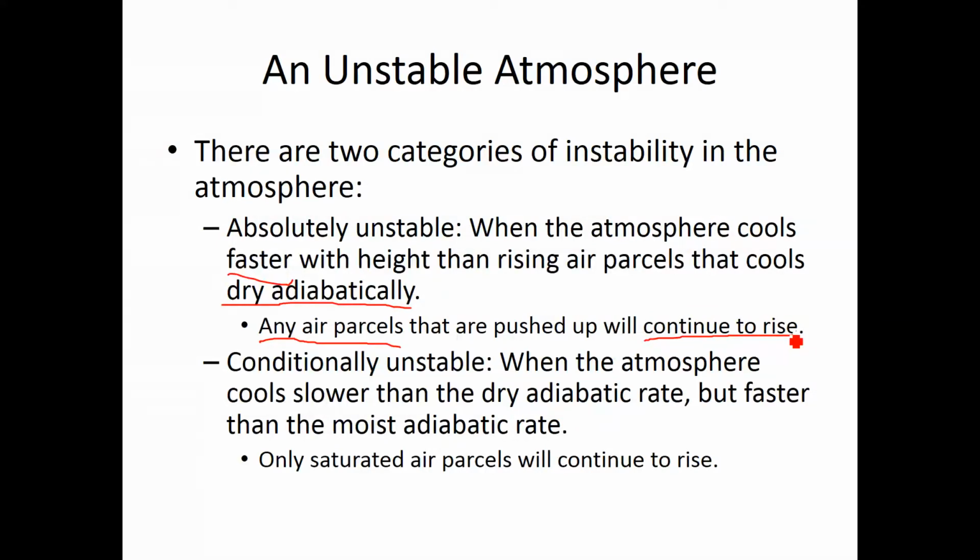However, if the parcel is saturated, that allows it to rise. So in the case of a conditionally unstable atmosphere, only saturated air parcels can rise. And in this case, the atmosphere's lapse rate is in between the dry and the moist rates.